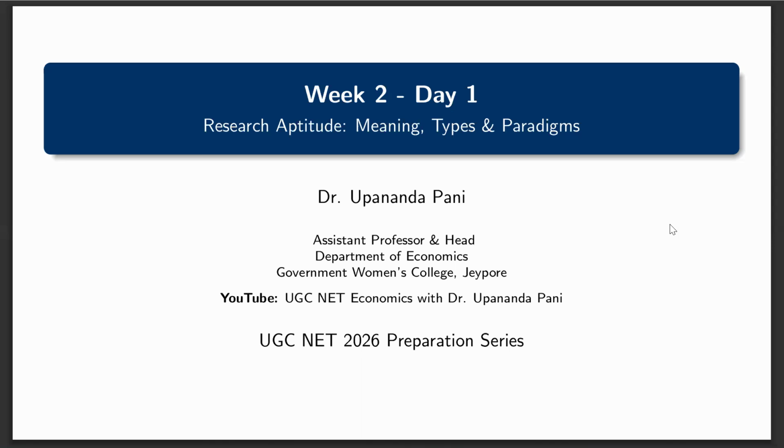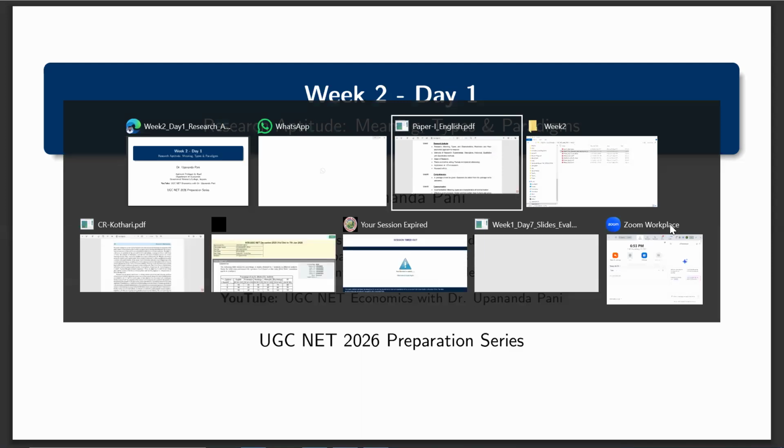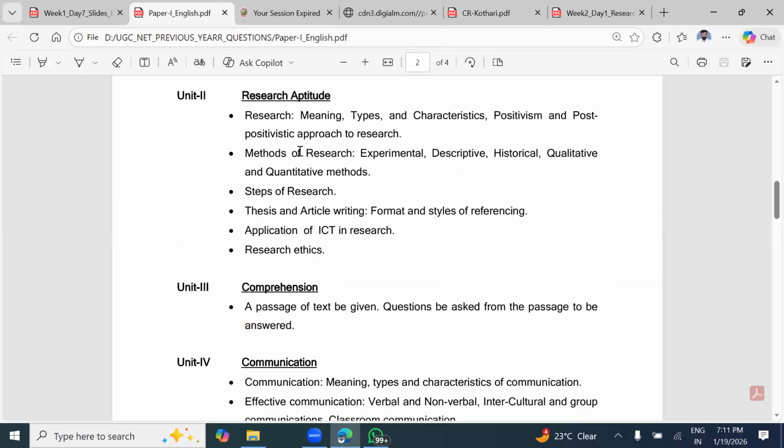This is very important because if you see your research aptitude syllabus, you can see what it is: research meanings, type and characteristics, positivism and post-positivist approach to research, methods of research, experimental, descriptive, historical, qualitative and quantitative methods, steps of research, thesis and article writing, format and styles of referencing, applications of ICT in research, and research ethics. Right?